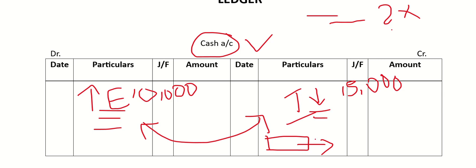It can be on the debit side or the credit side. If we have more income than expense, that means we have extra cash with us. But if our expenses are more than our income, what does that mean? We don't have enough cash in our business.